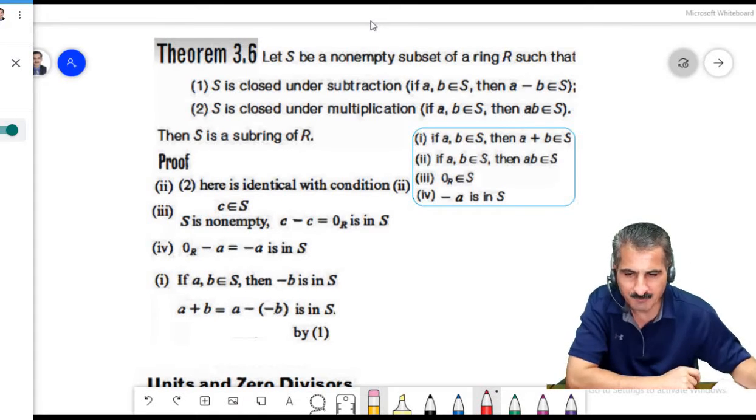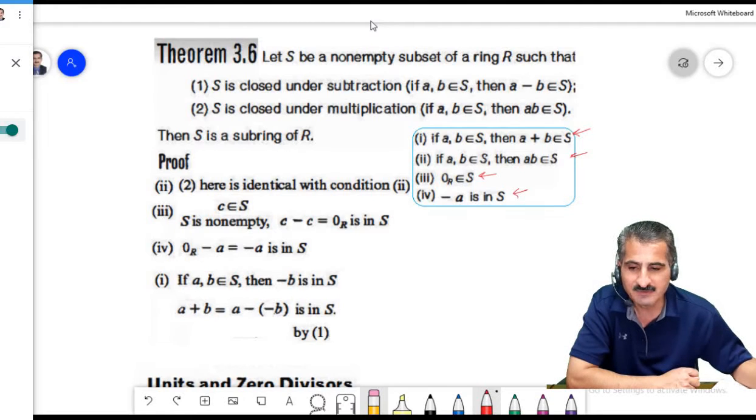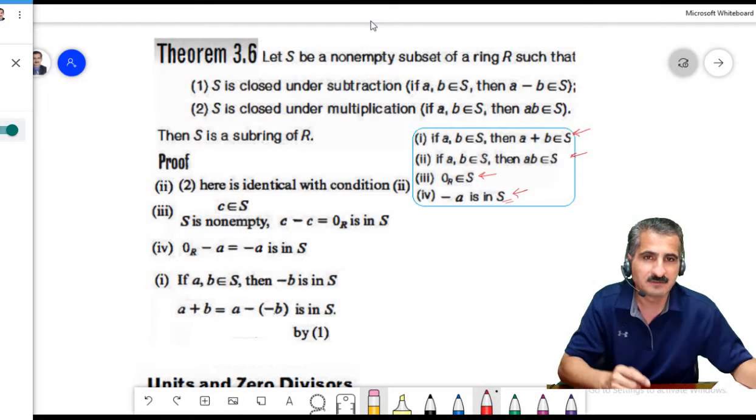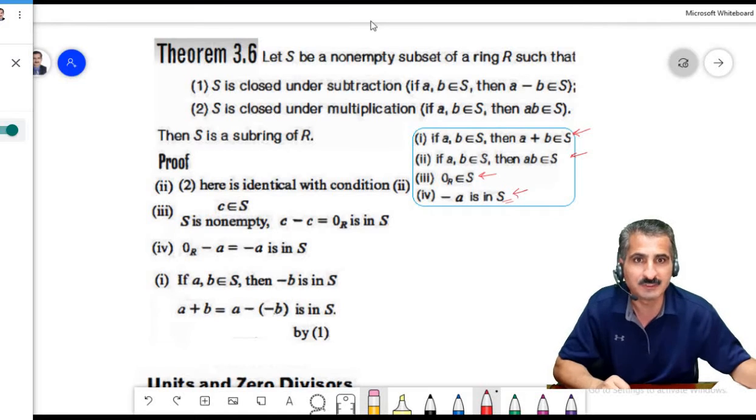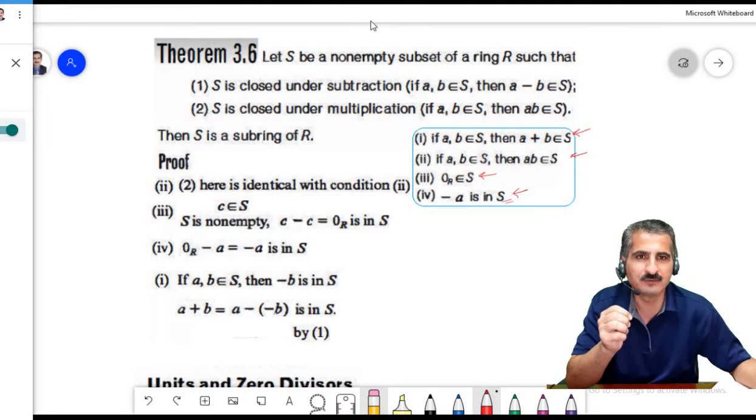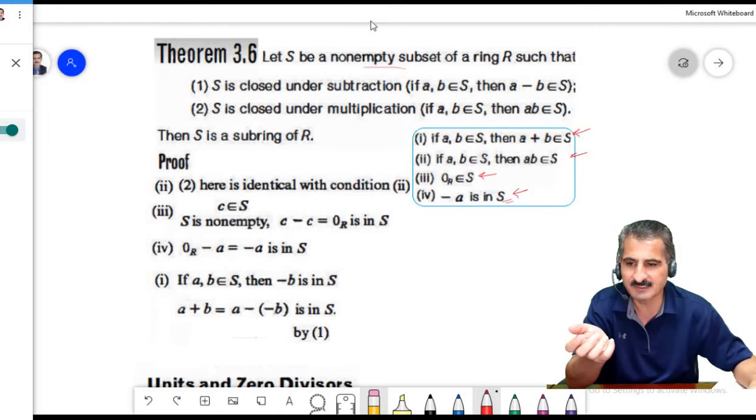So in the blue box here, we recall the axioms that are needed for a subring. First, S must be closed under addition and closed under multiplication, the additive identity is in S, and the additive inverse of every element stays in S. So this says if I have A in S, then negative A, the additive inverse of A, must also be in S. If these 4 axioms are satisfied, then we know that the non-empty subset S of a ring R is called a subring, right?